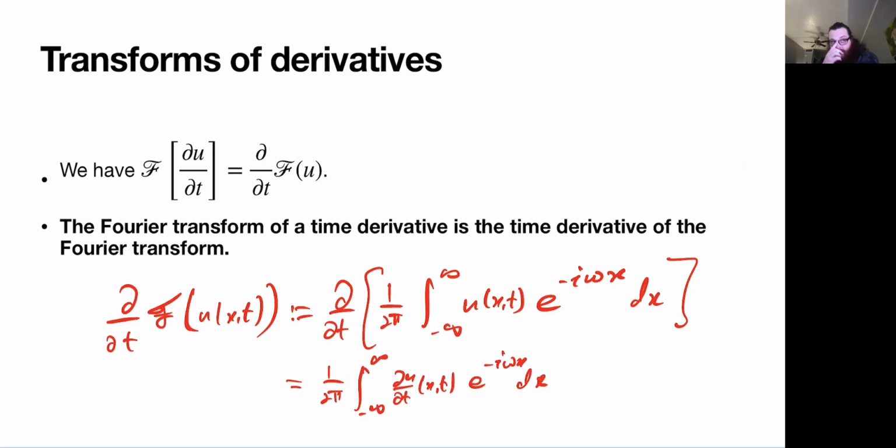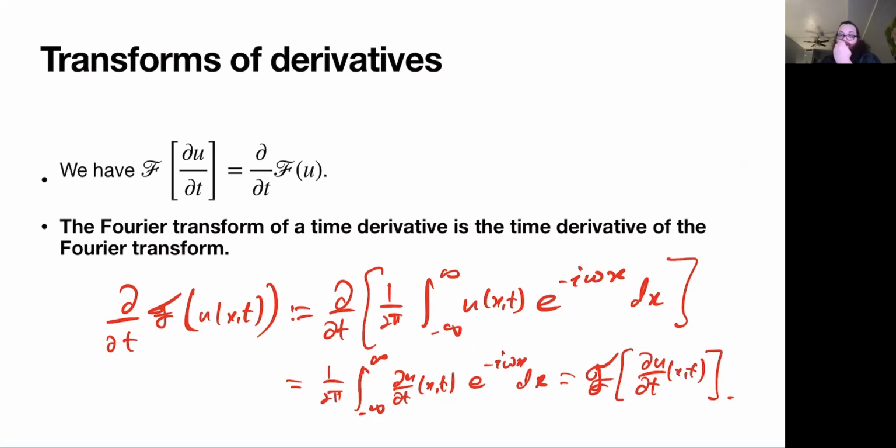But the observation here is that this is a function of x and t, and the exponential is the piece that's important when we're taking the Fourier transform in x. So this whole thing right here is exactly the Fourier transform of the time derivative of u.